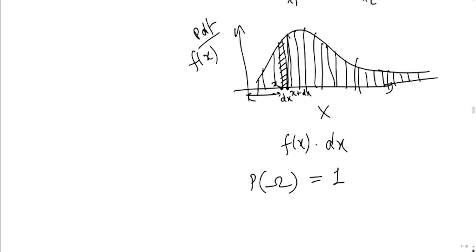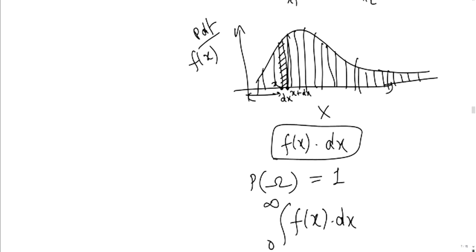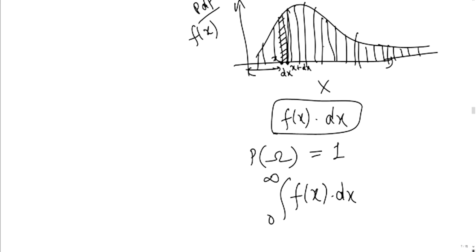Okay, so if I apply this to all these strips, each of width dx, and integrate all these strips from 0 to infinity, I'm basically summing up all these areas. That is what the third axiom says: you can sum up all these areas because they are mutually exclusive, so you can integrate from 0 to infinity.